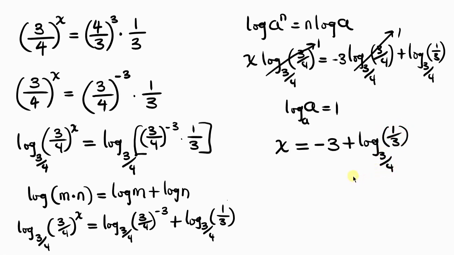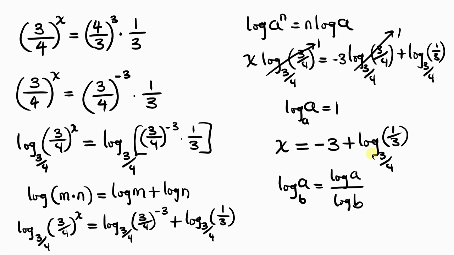Very good. Well, we cannot just stop here. We're still going to simplify further by using the property of logarithm, which says when I have log a base b, this is the same as log a all over log b. So I'm going to be applying this property of logarithm, which is the change of base, to what we have here.